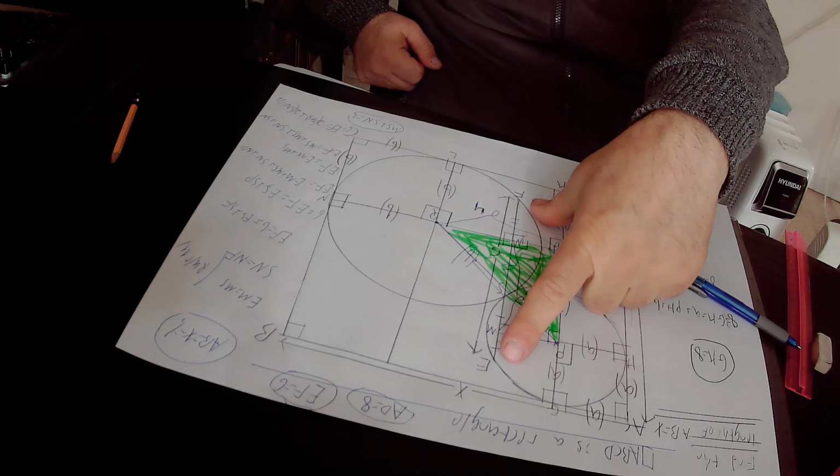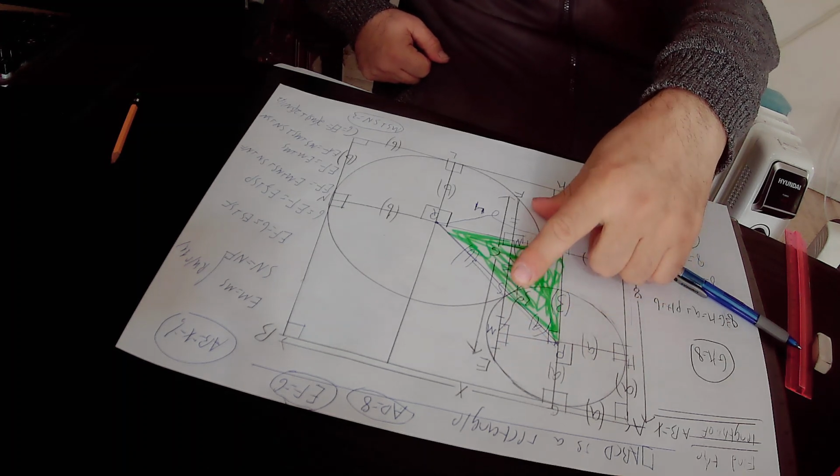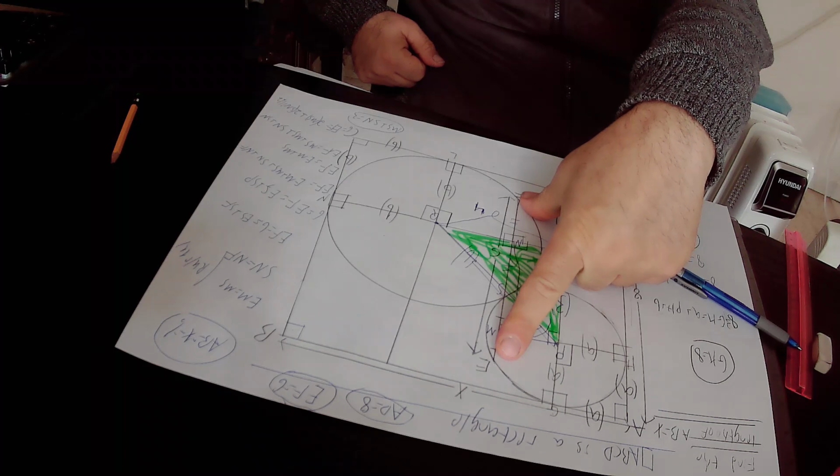So, it is given in the question that EF equals 6 units. This line segment EF equals 6 units.